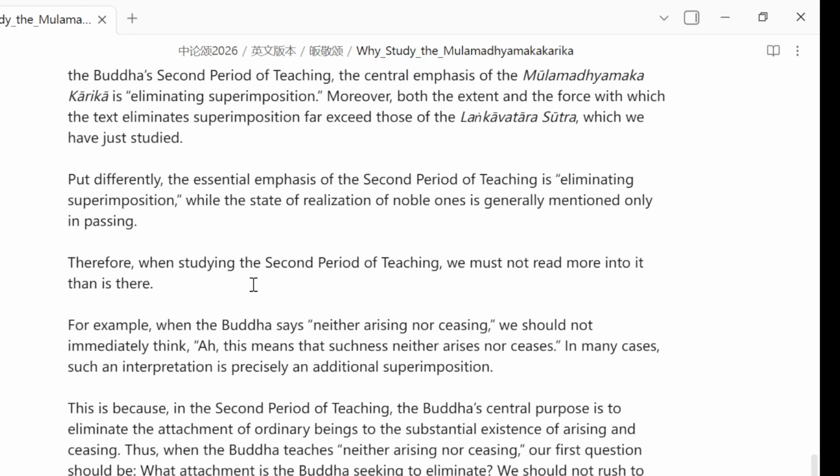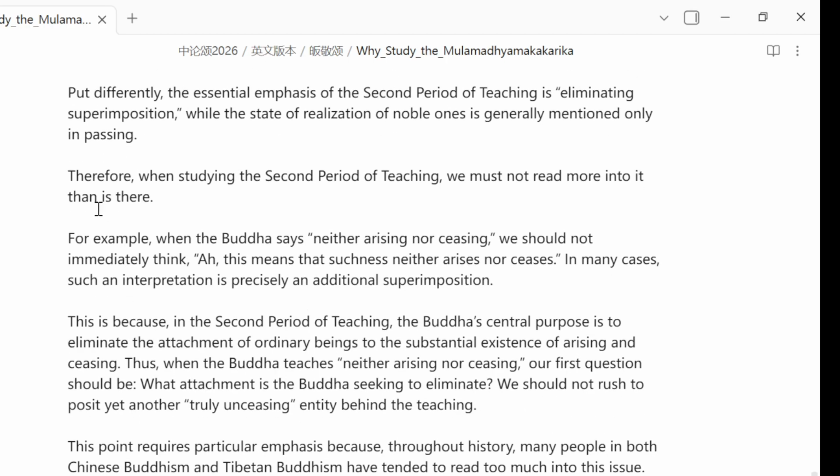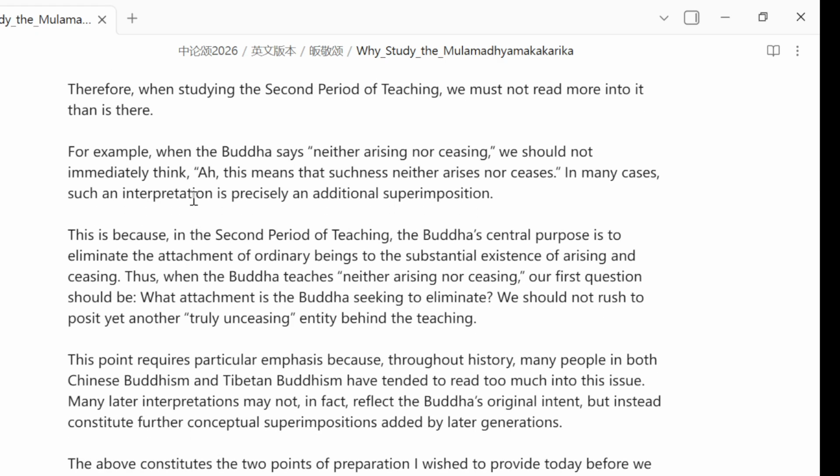Therefore, when studying the second pillar of teaching, we must not read more into it than is there. For example, when the Buddha says neither arising nor ceasing, we should not immediately think, this means that substance neither arises nor ceases.